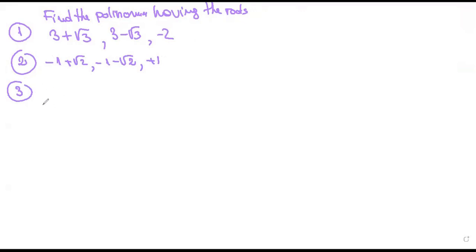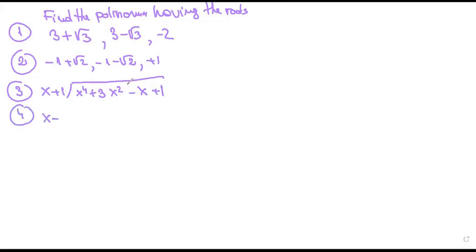Calculate, find the divisor. So x plus 1, you divide by x to the power of 4 plus 3x squared minus x plus 1. 4.